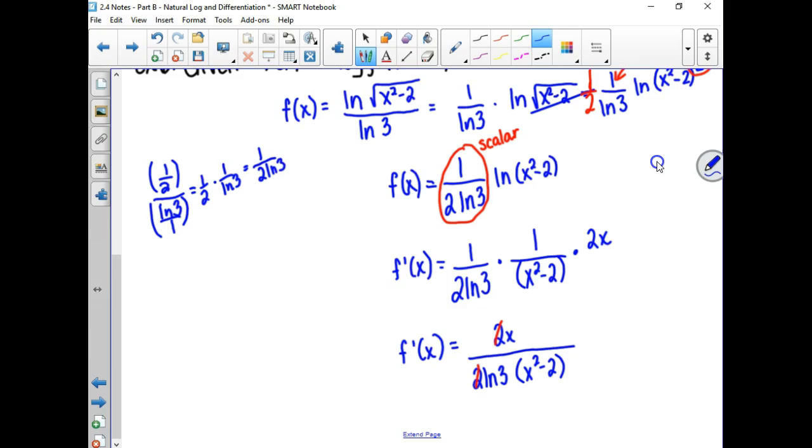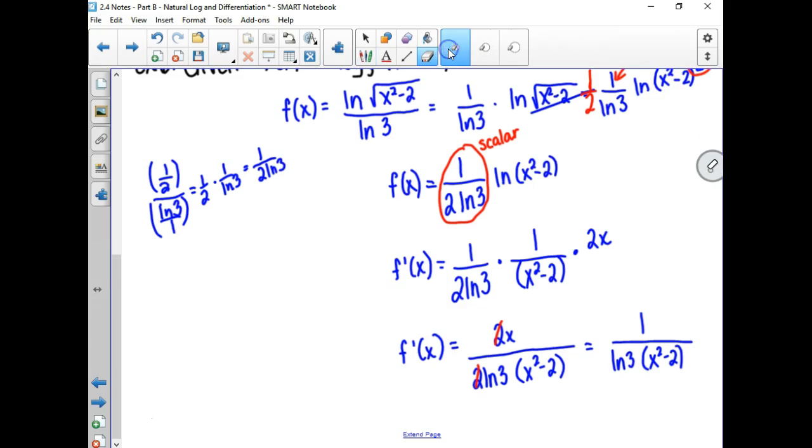So we would get 1 over natural log of 3 times x squared minus 2. Oh, sorry. Thank you. Put that x back there in the top. Just x over natural log of 3 times x squared minus 2.